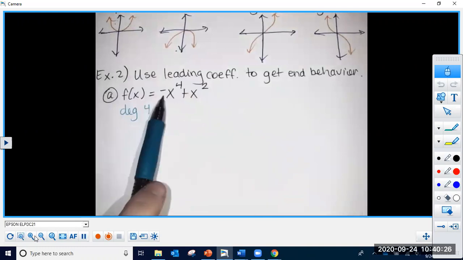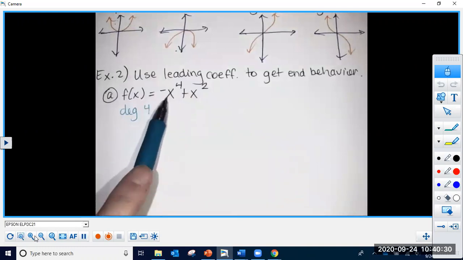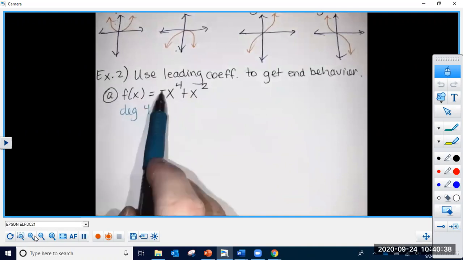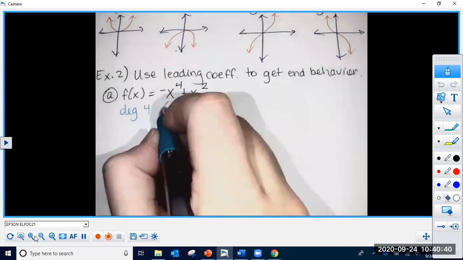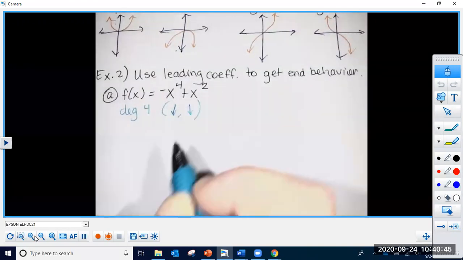This is your leading term, my highest exponent. So this whole chunk is my leading term. The leading coefficient is actually -1, so it's negative, so it's going to go down on the left side, down on the right side.